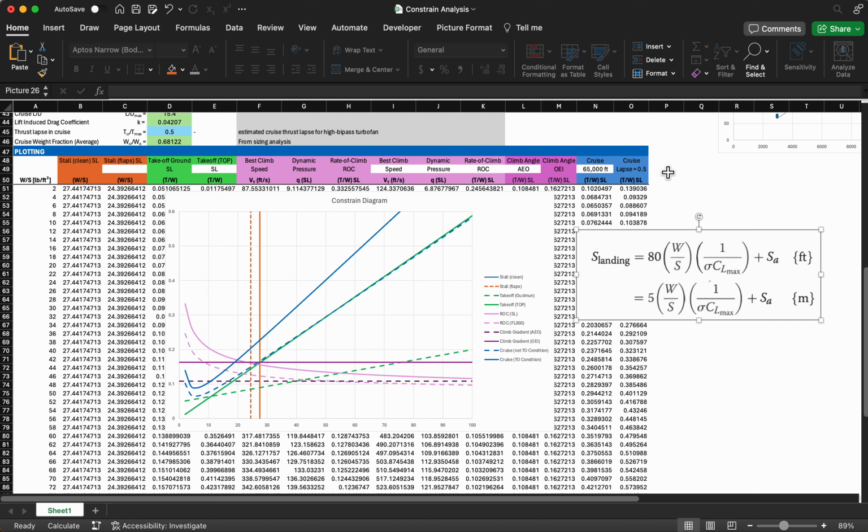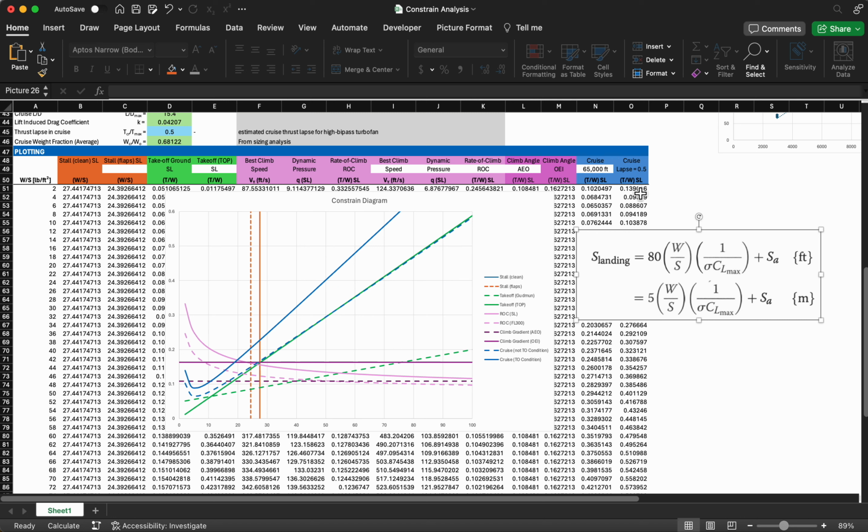Also, for certification, you need to assume that you have to be able to land within a certain distance without the use of thrust reversers. If you have thrust reversers, then you could land in a much shorter distance once you have touchdown. The reason you can't include that for your analysis is in the event that you come into landing and maybe one or all of your engines are inoperable, you're coming in with a true glide.